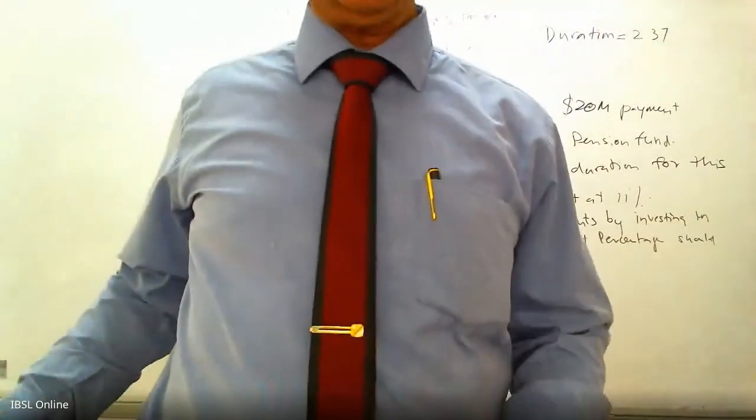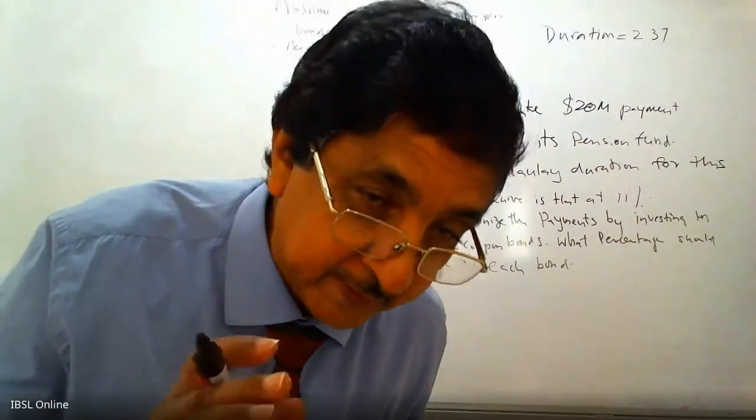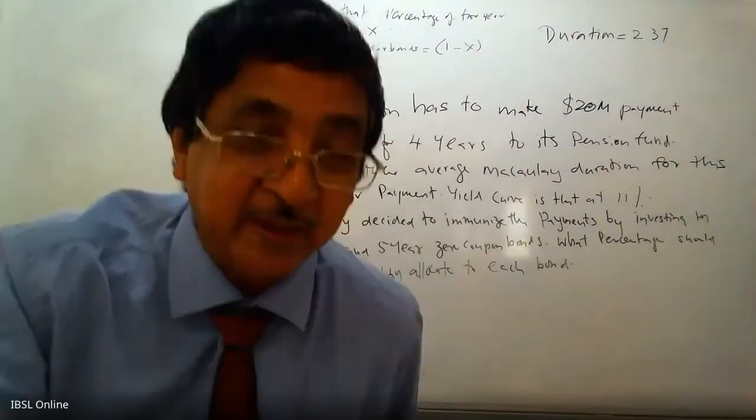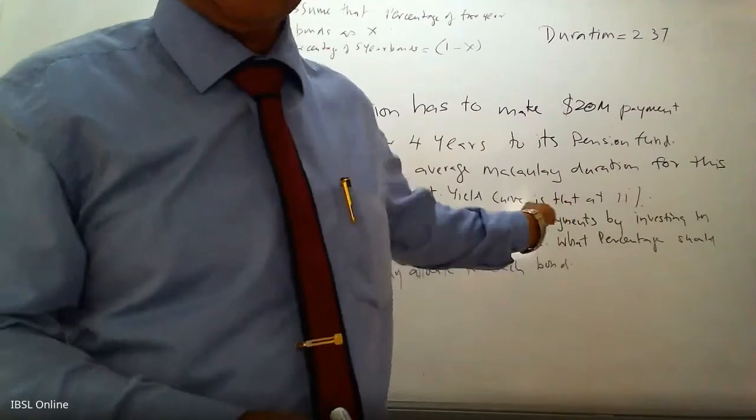If it is 20%, we can say it is 0.2. Since it is 0.2, what is the other one? Then 0.8. So that is how it comes. So anyway, now we are trying to calculate what it is.